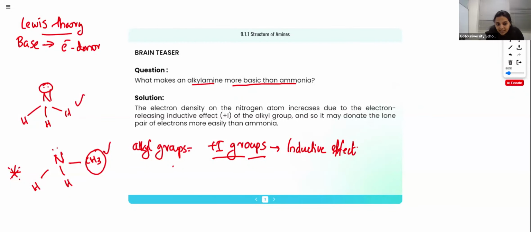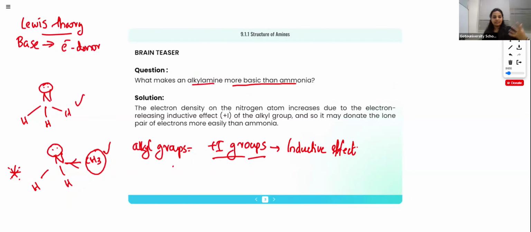So this alkyl group has a tendency to release electrons, to push their electrons, donate their electrons towards this nitrogen. Already nitrogen has one lone pair of electrons. When the CH3 group is giving electrons to nitrogen, the electron density on this nitrogen will increase.